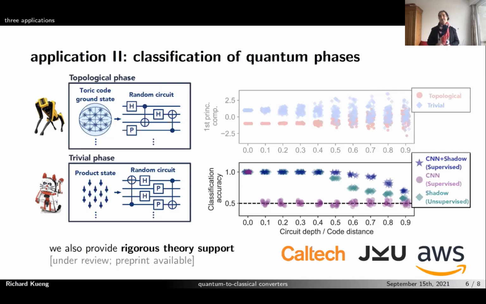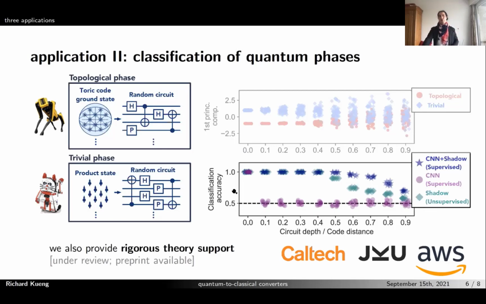But what this plot here hopefully shows you is that a combination of our quantum to classical converter followed by a conventional machine learning procedure like a support vector machine or a convolutional neural network actually performs quite well over a wide range of difficulties, because this x-axis roughly interpolates between very easy classification problems to impossible ones.